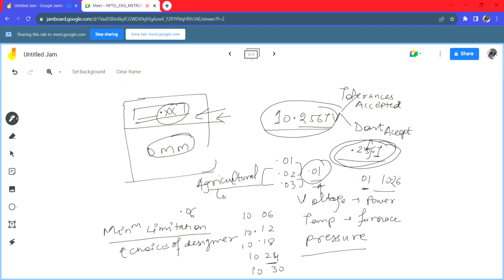Now if there is an agricultural application wherein you want to measure the moisture of the soil, it is not a very redundant example to understand the practicality of the systems that we deal with. So if you have to read the moisture of your soil, and you can tolerate the values that differentiate between the soil not being too wet and being sufficiently wet, then you can accept the tolerances like this over here.